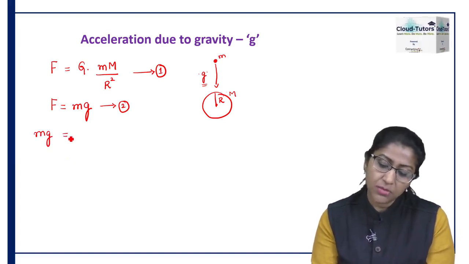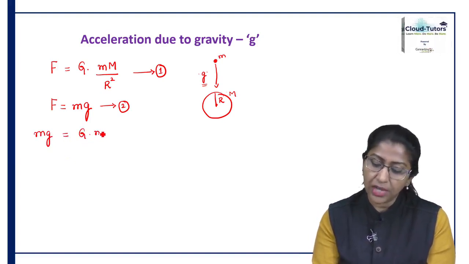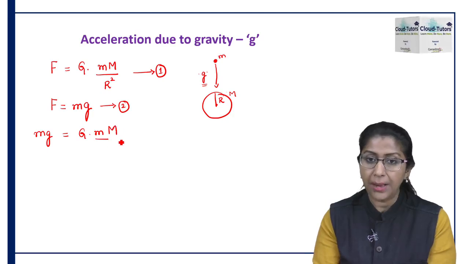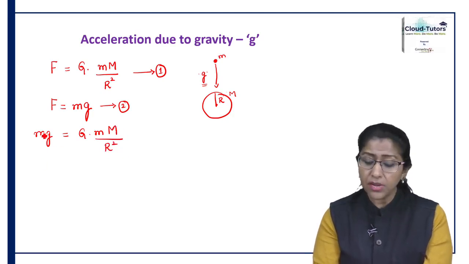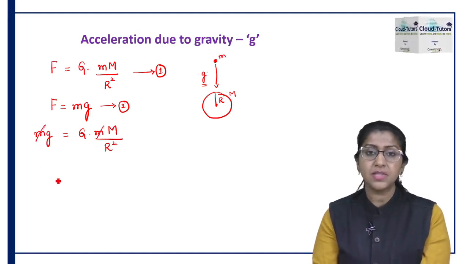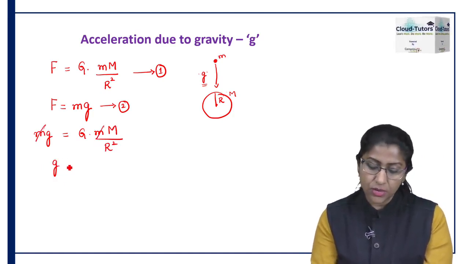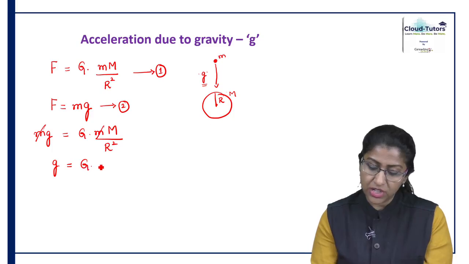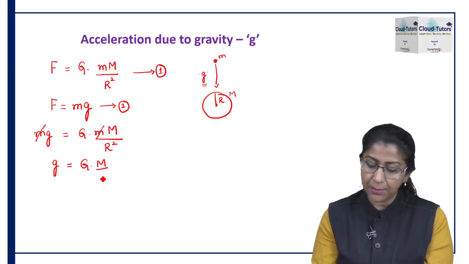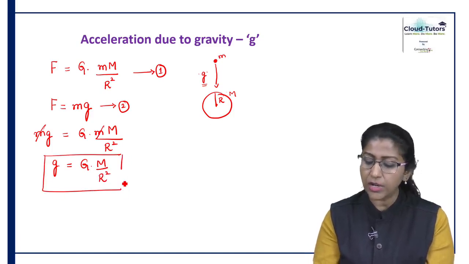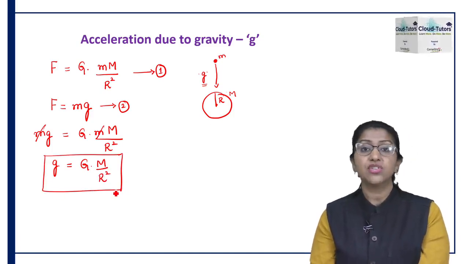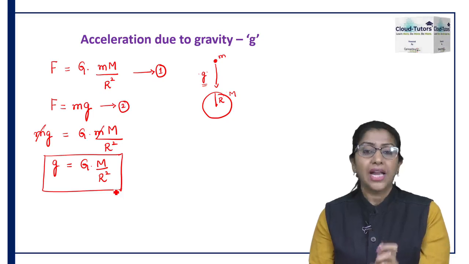Let's do that. mg is equal to capital G into capital M small m divided by r square. Now, since these two are the same terms, they get cancelled. So g is equal to capital G into capital M divided by r square. This is the general equation for acceleration due to gravity for any object.